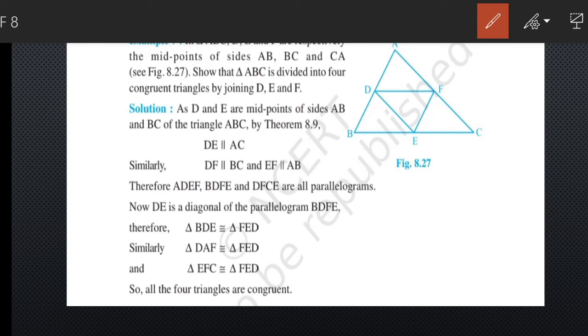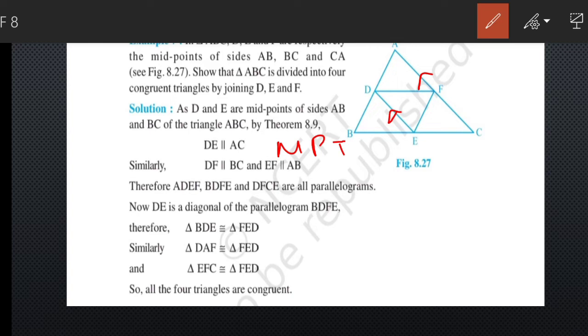So we have to prove these three. Here D and E are the midpoints of AB and BC respectively. So using theorem 8.9, that is the midpoint theorem, DE is parallel to AC.